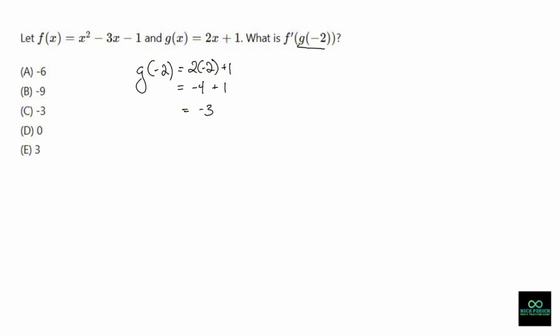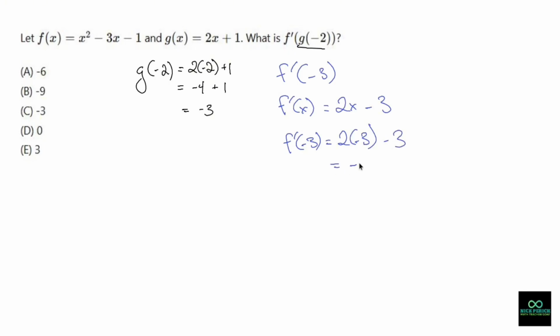Now that I have that, I can find f prime of negative 3. So f prime of x is going to be 2x minus 3, because power rule and power rule. So f prime of negative 3 is going to be 2 times negative 3 minus 3, which is negative 6 minus 3, which is negative 9.